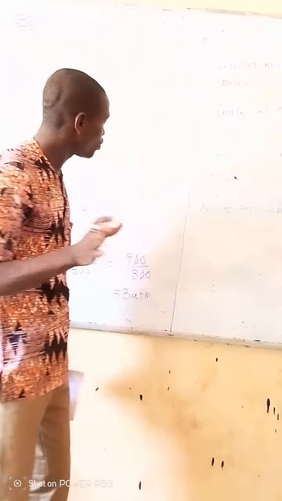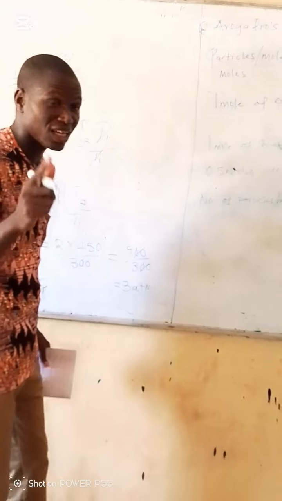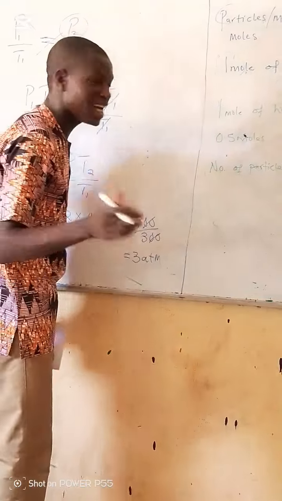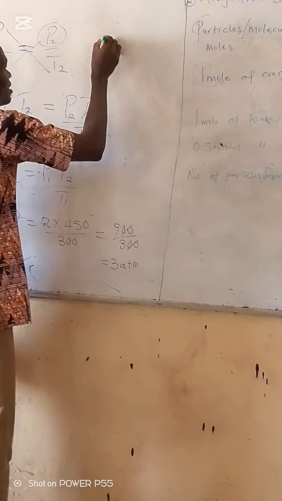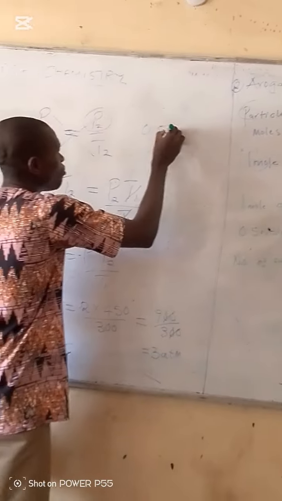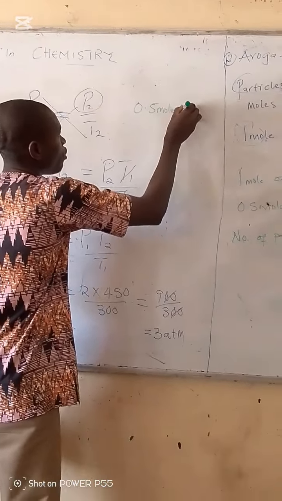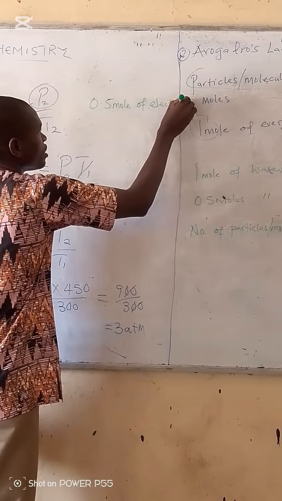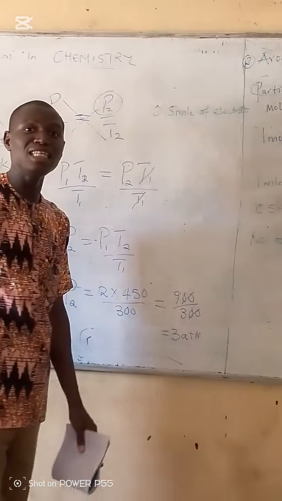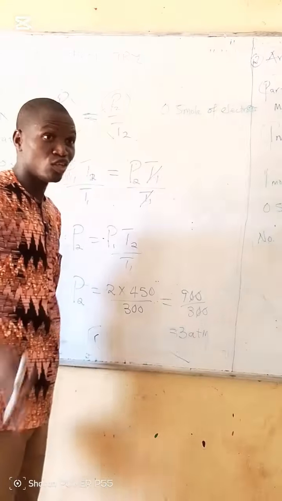Yesterday, I sent a question on WhatsApp group, a quiz question that some of you answered. And what did I ask? I said 0.5 mole of electrons has how many particles? Do you see?